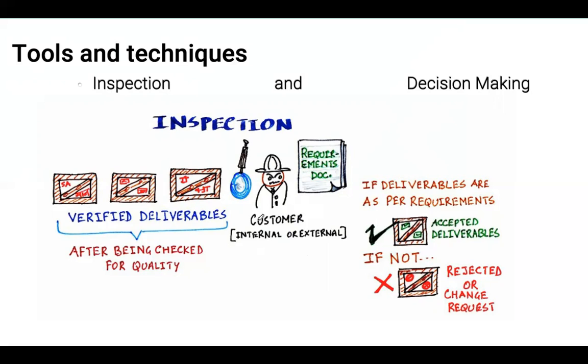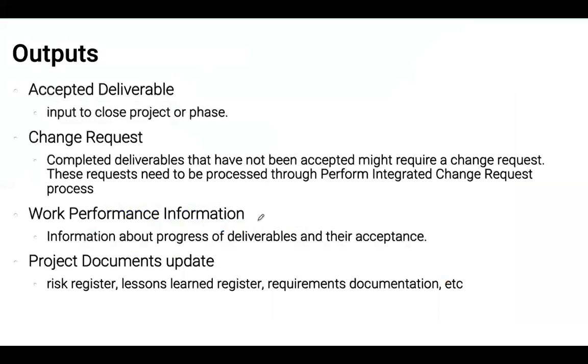If they're inspected and satisfied, if they're validated and they satisfied the technical specification and the requirements of the project and the product, they can be released for the project close. So as output, we're going to have an accepted deliverable, which will go into close project or phase, or change requests, which are going to be dealing with deliverables that have not been accepted.